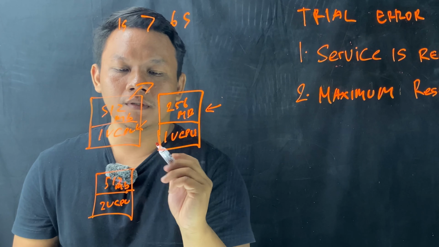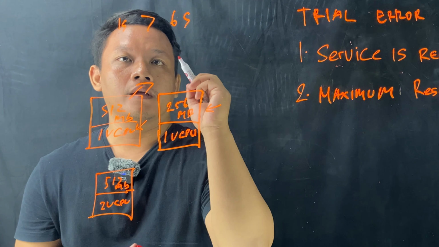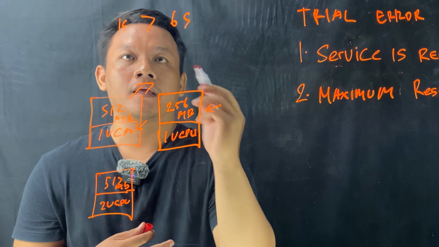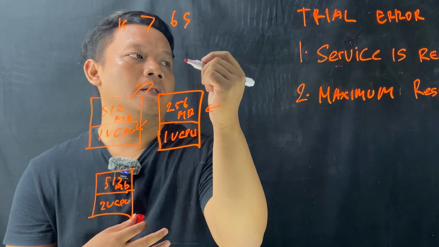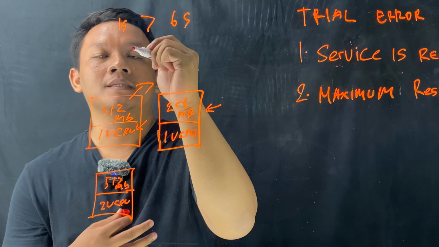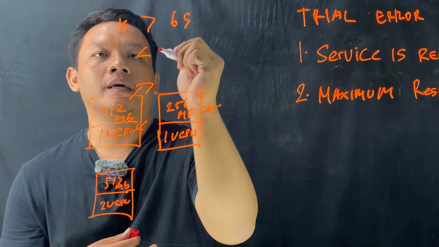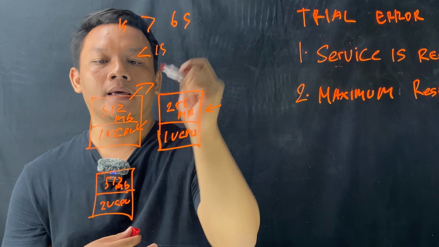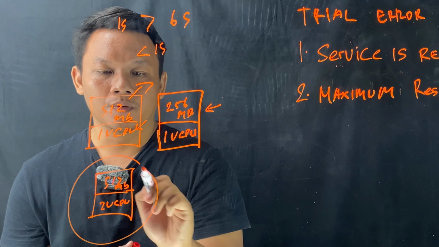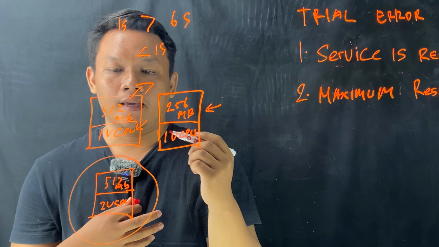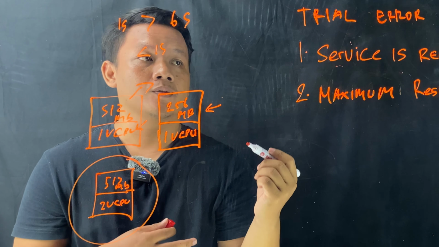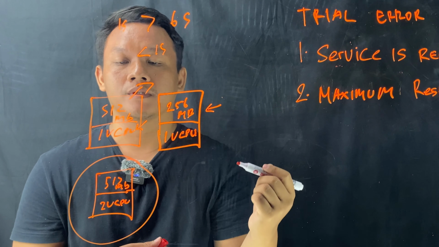We do this until the app is up and running and can handle our latency or response time. Once it gets less than 1 second, this is what we call your minimum resource to run your service. And that's it. That's how you find your minimum resource to run your service.